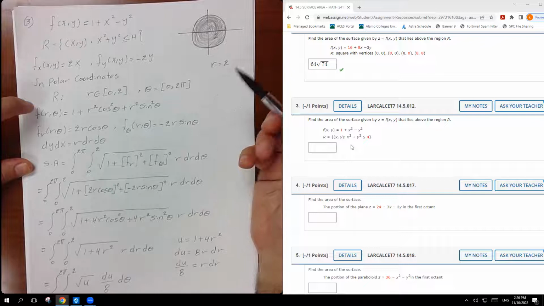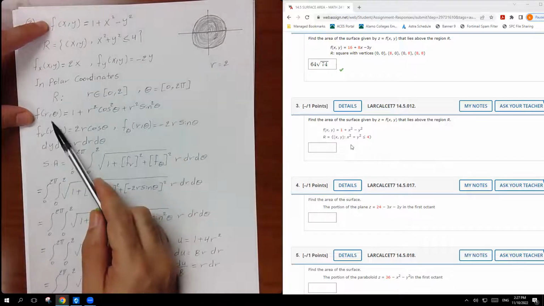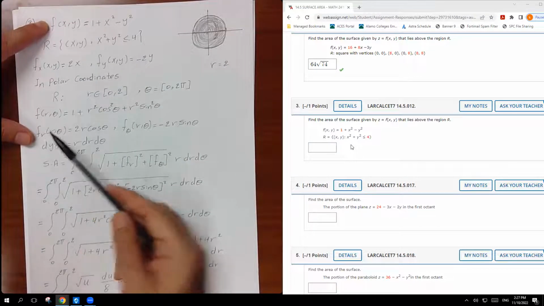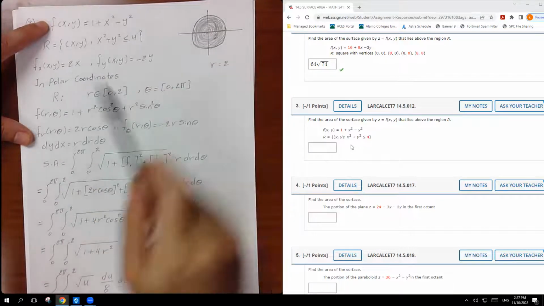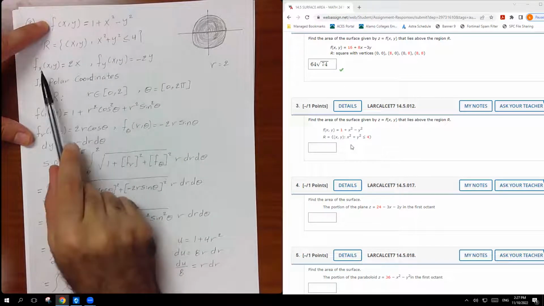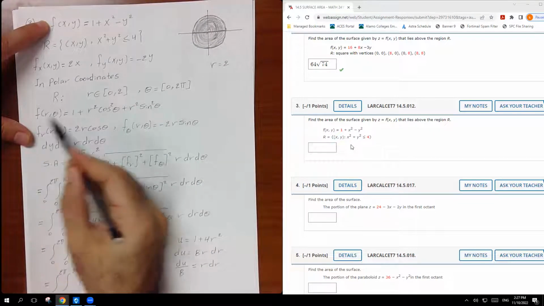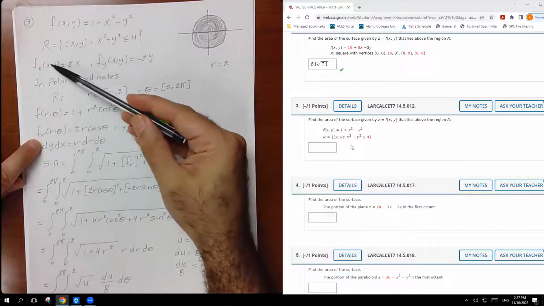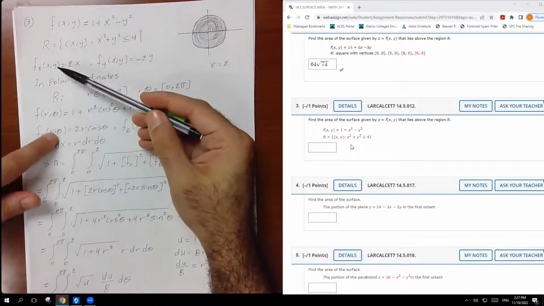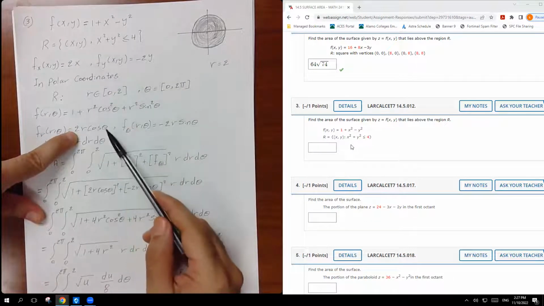Again, you have two options. You can convert f from rectangular coordinates to polar coordinates and find the derivative with respect to r and with respect to theta. Or you can keep it like this. I'm just going to go ahead and convert the derivatives. So f sub r, where x is r cosine theta and y is r sine theta: 2x becomes 2r cosine theta.